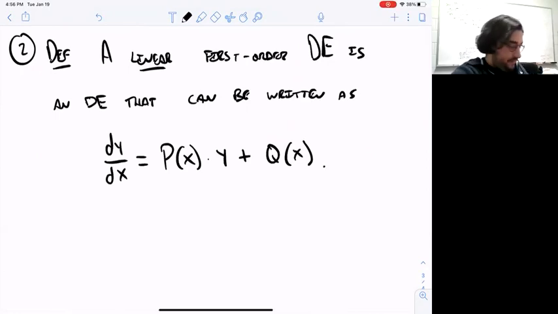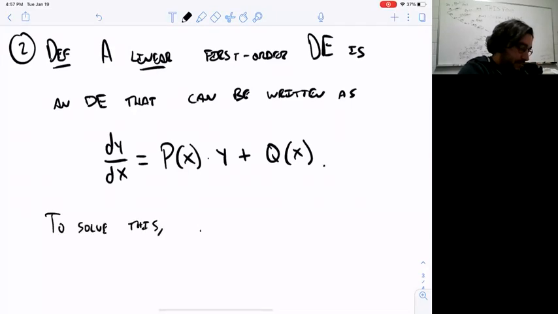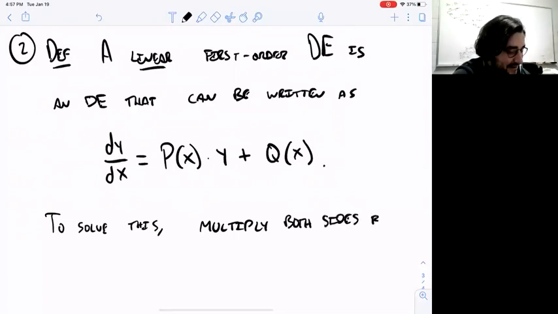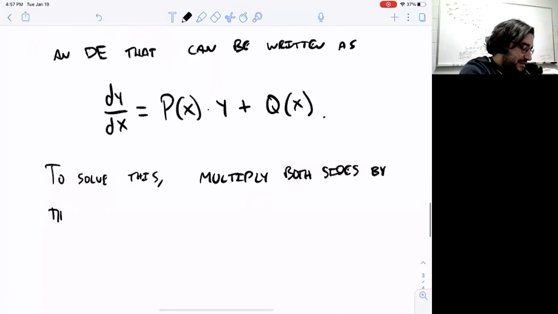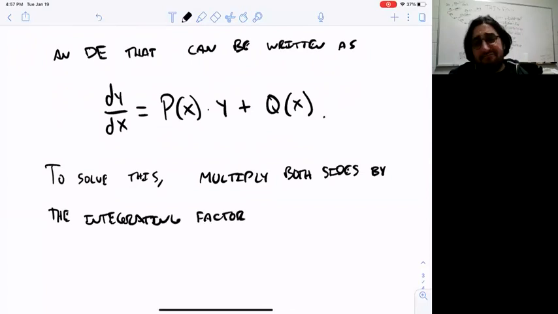How to solve this? Do something that's going to look very much like a rabbit out of a hat. So this is what's called an integrating factor, meaning just something that you multiply both sides by to be able to integrate the equation.